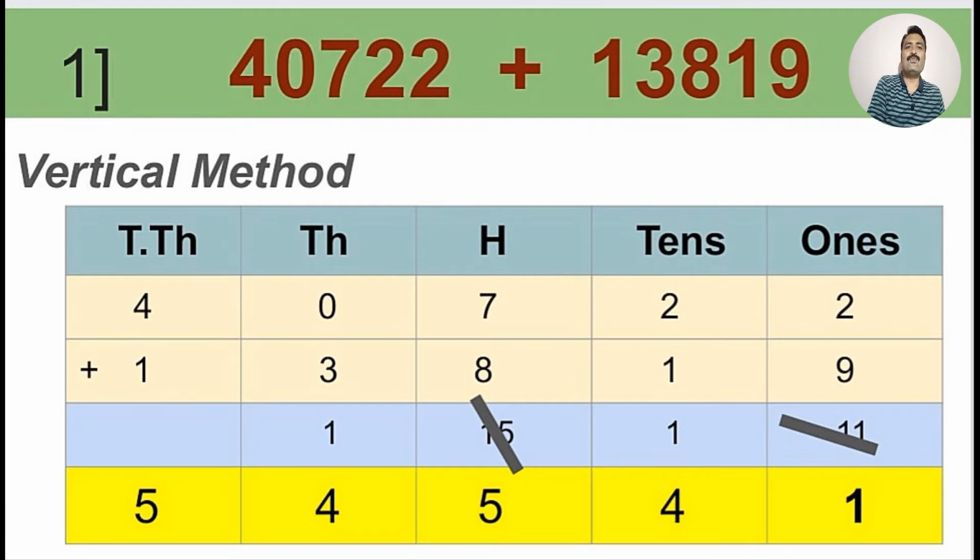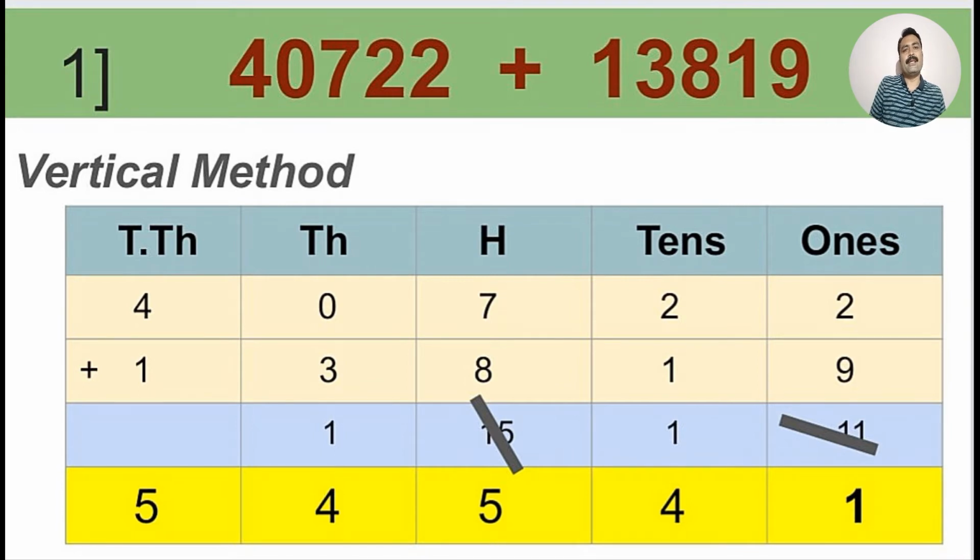Now let's move towards the 1000 column here. So 0 plus 3, these are main digits, so 0 plus 3 we get 3 there, and into that 3 we add 1 as a carry there, so 3 plus 1 we get here 4. Now the last addition, that is at the 10,000 place, so 4 plus 1 such digits are there, so 4 plus 1 we get as 5 here.